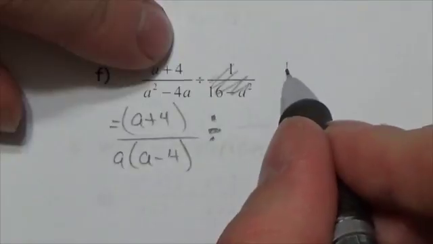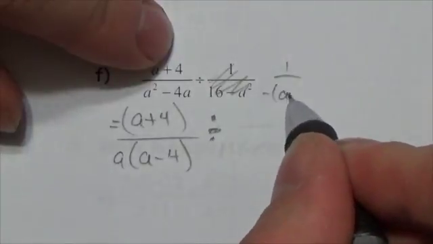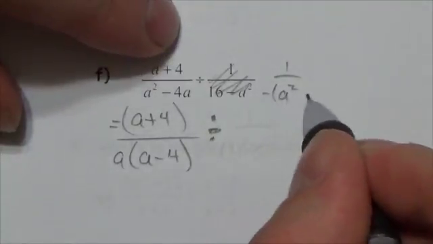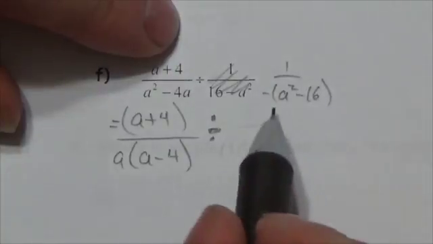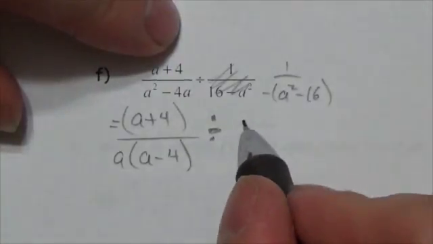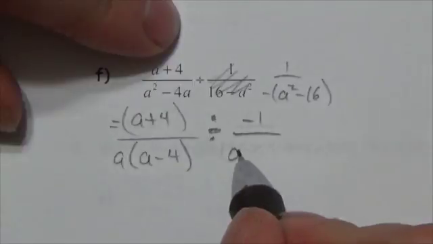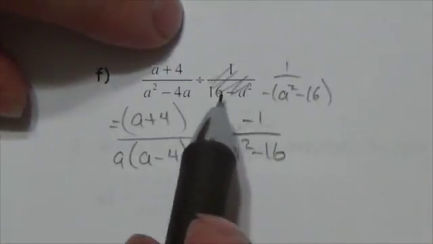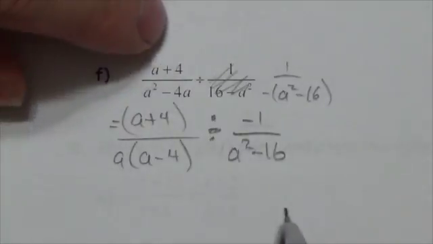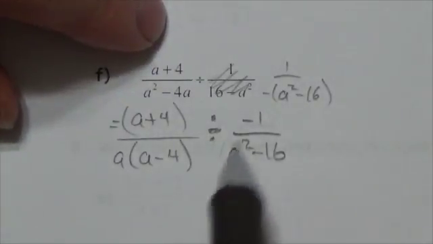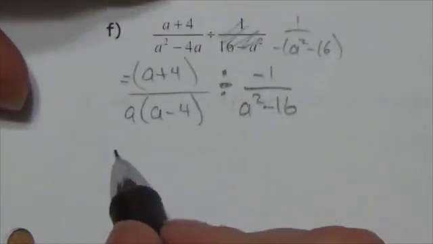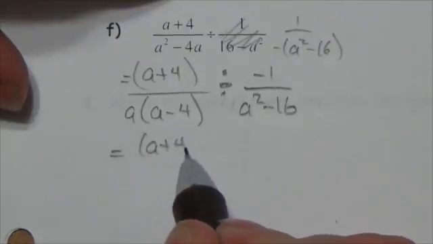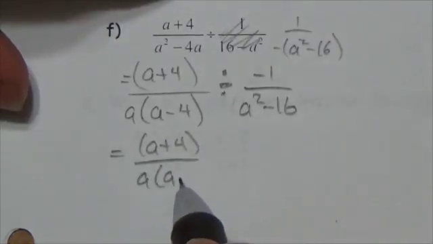I'm going to take this -1 out of the denominator, and that's going to make that negative, bracket a squared minus 16. I can move that negative up to the numerator, and so my denominator becomes a squared minus 16. Now, I've done nothing other than just move a negative around. But that is so much nicer to look at. And so now this is going to become a plus 4 over a minus 4.